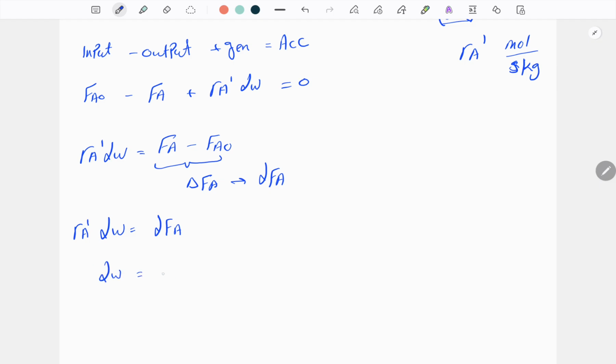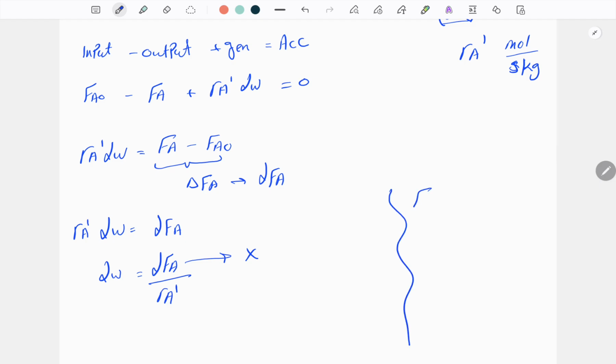Isolating for dW, it equals dFA over Ra prime. Now the dFA, we need to change that in terms of conversion, because usually we're not given the final flow rate. Therefore we'll change it to the givens that we have, and usually conversion is given.